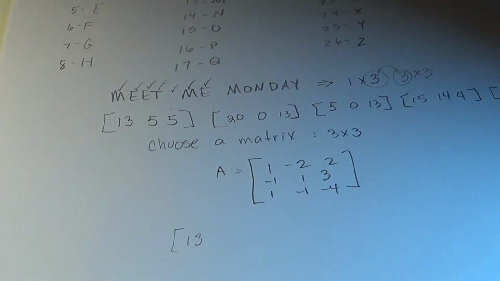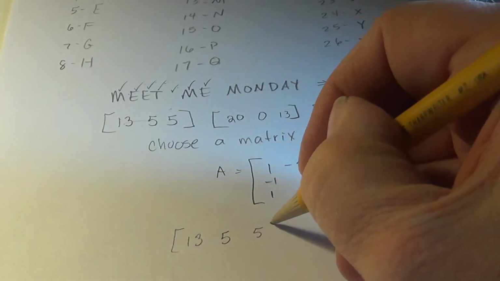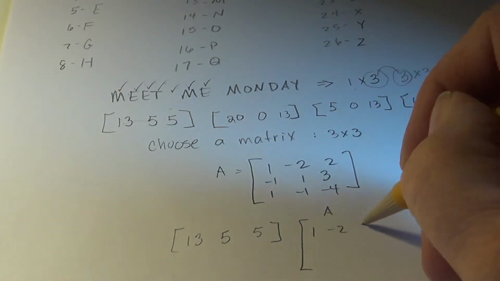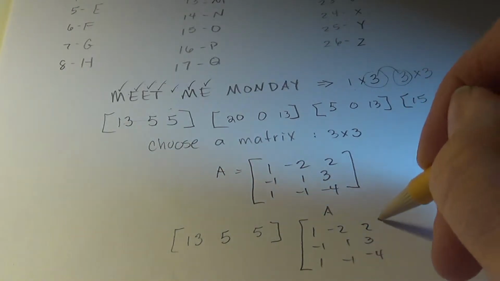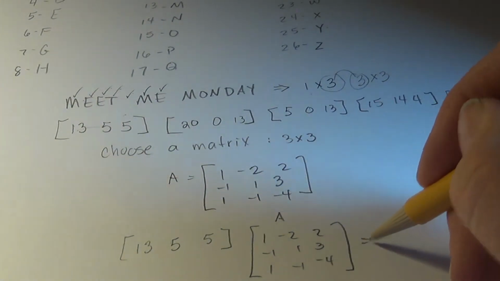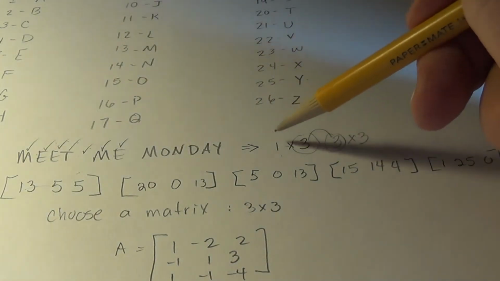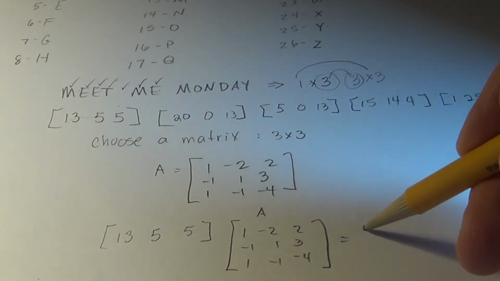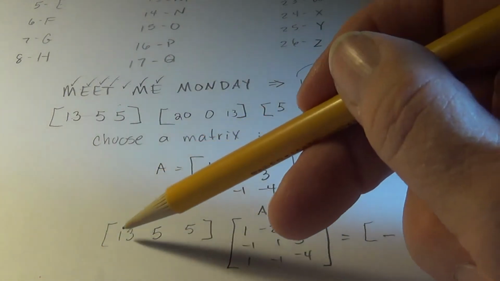The first 1x3 is 13, 5, 5, and I'm going to multiply that by my matrix A. When I have a 1x3 multiplied by a 3x3, I'm going to get a 1x3, which is 1 row and 3 columns, so 3 spots.